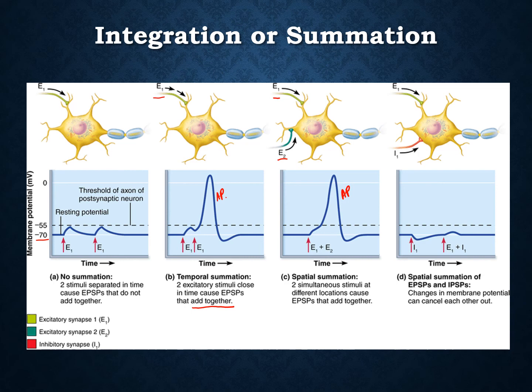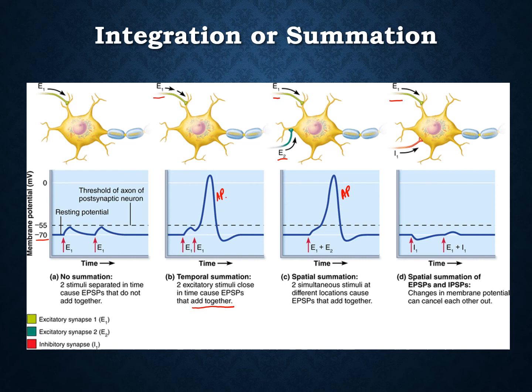E1 denotes the first presynaptic neuron, that is excitatory in nature. But the second one, I1, is a presynaptic neuron that is inhibitory in nature.